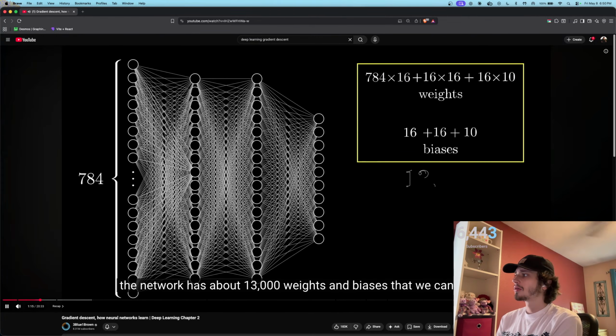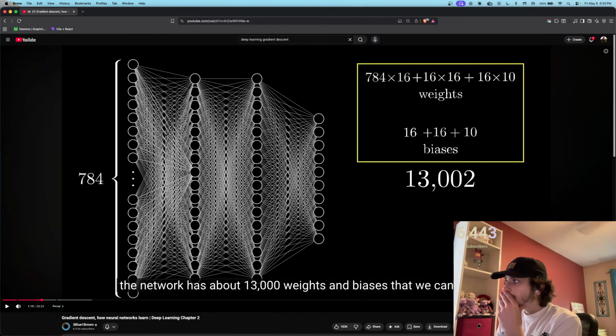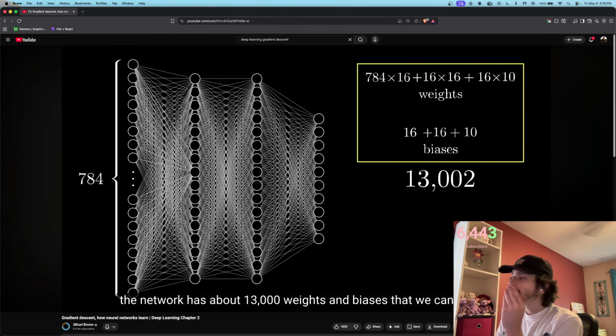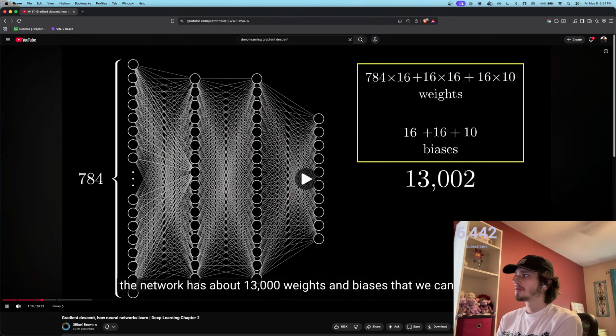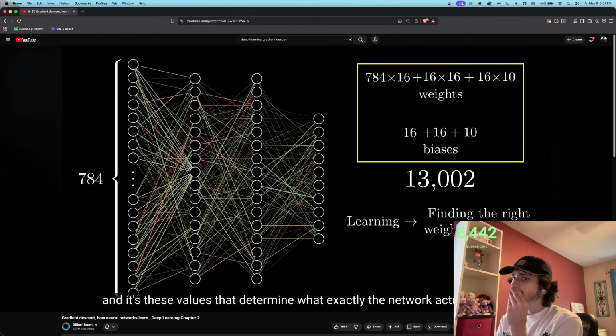The network has about 13,000 weights and biases that we can adjust. 784 inputs times 16 weights in the first layer, plus 16 weights for each of the 16 nodes in the next layer, times 10. And it's these values that determine what exactly the network actually does.